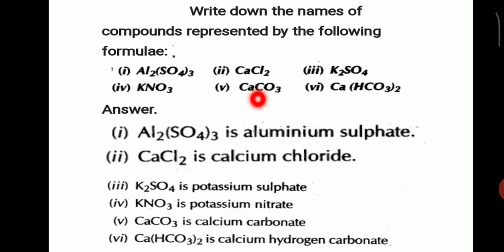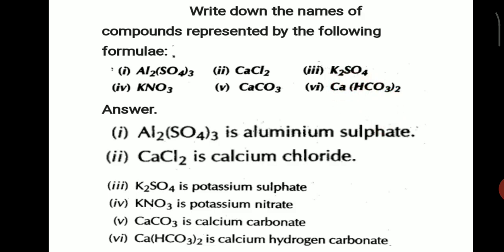This is a common formula, CaCO3. Ca means calcium, CO3 is carbonate. So calcium carbonate. Here calcium is there, hydrogen, CO3: Ca(HCO3)2. We have studied that HCO3 is hydrogen carbonate.